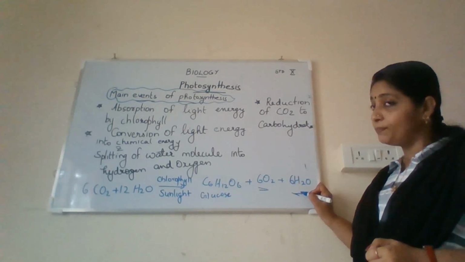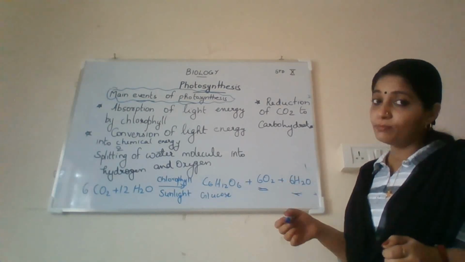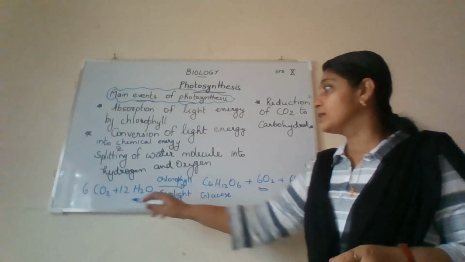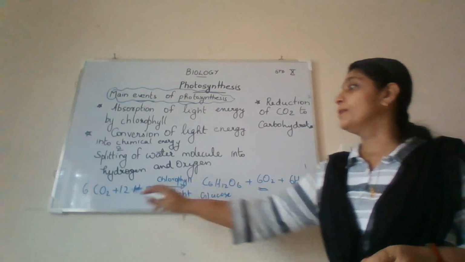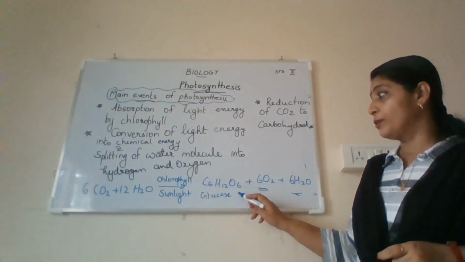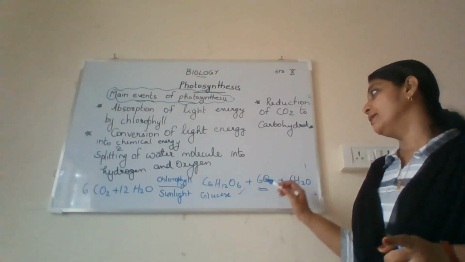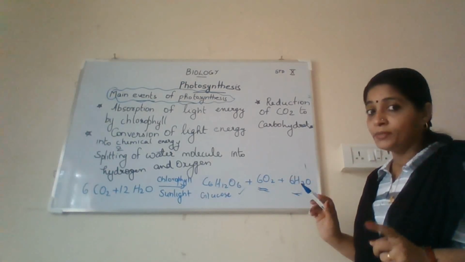The water will go out by the process of transpiration, and the oxygen will be moving out through the stomata. So this is the equation of photosynthesis: carbon dioxide plus water in the presence of chlorophyll and sunlight leads to the formation of glucose, that is the carbohydrate, and the byproducts are oxygen and water.